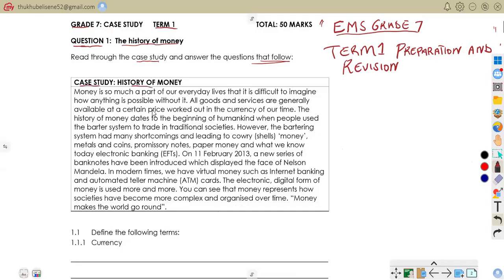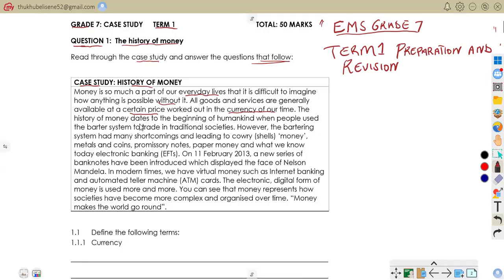History of money. It says money is so much a part of our everyday lives that it's difficult to imagine how anything is possible without it. All goods and services are generally available at a certain price, worked in the currency of our time.